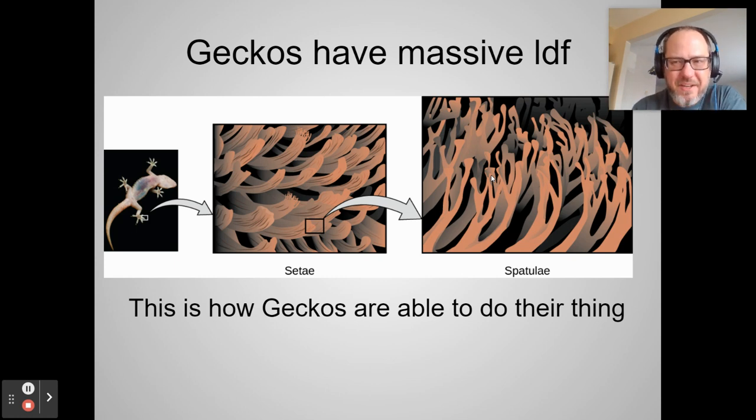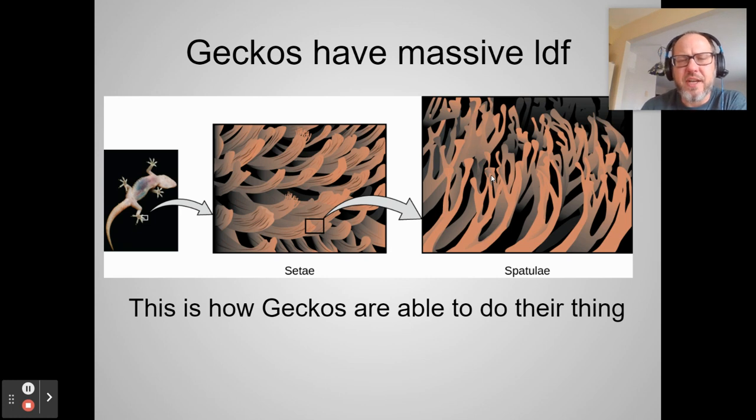This is amazing, right? Because a gecko can use one toe and stick to a ceiling, right, and just hang there, totally stable, right? Because London dispersion forces of attraction are attracting those spatulae to the atoms of the surface that it's adhering to. Crazy, absolutely crazy.